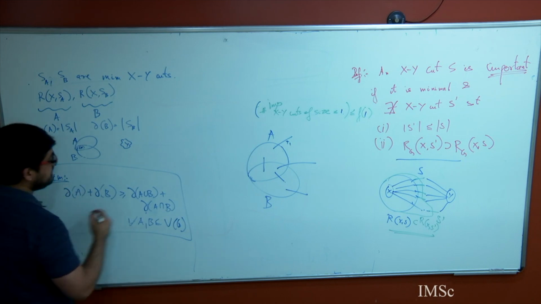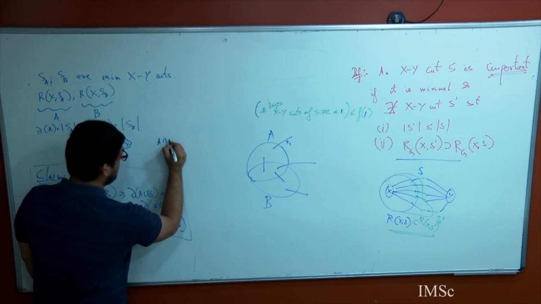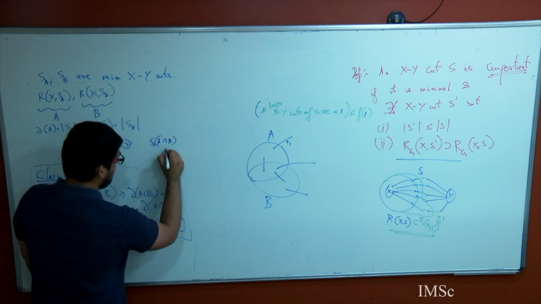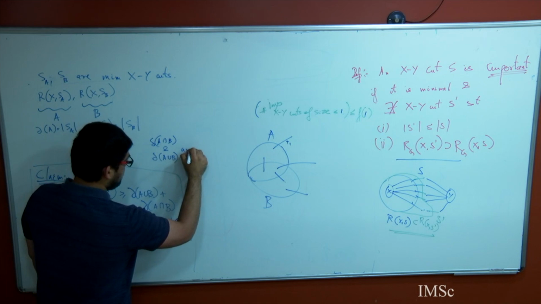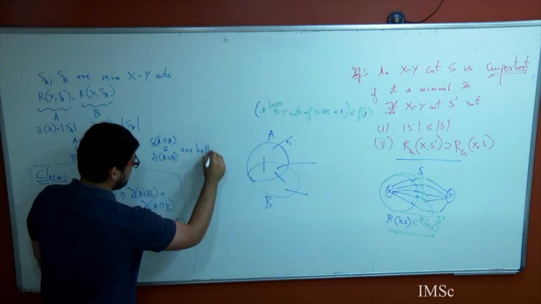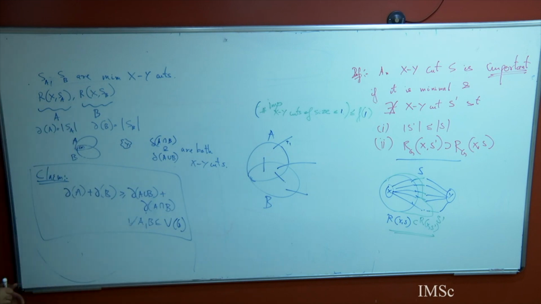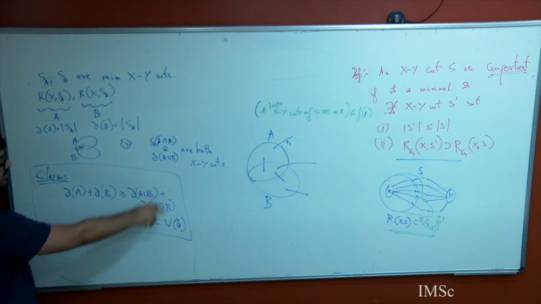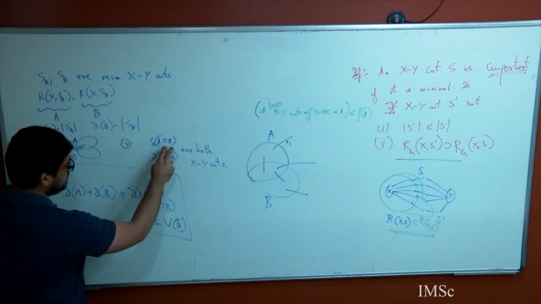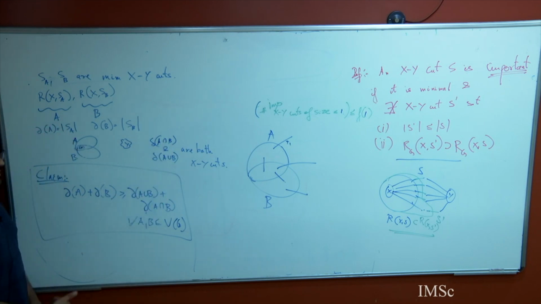So now notice that A intersection B and A union B are both XY cuts, because X is contained inside each of these sets, Y is disjoint from each of these sets, and delta says I take all edges leaving that set.